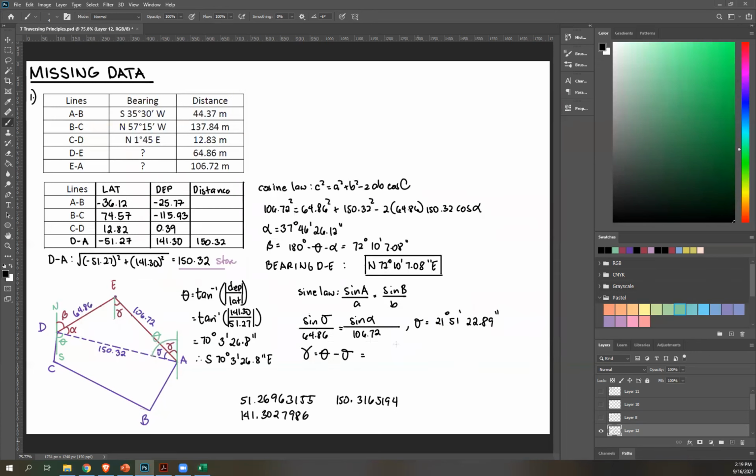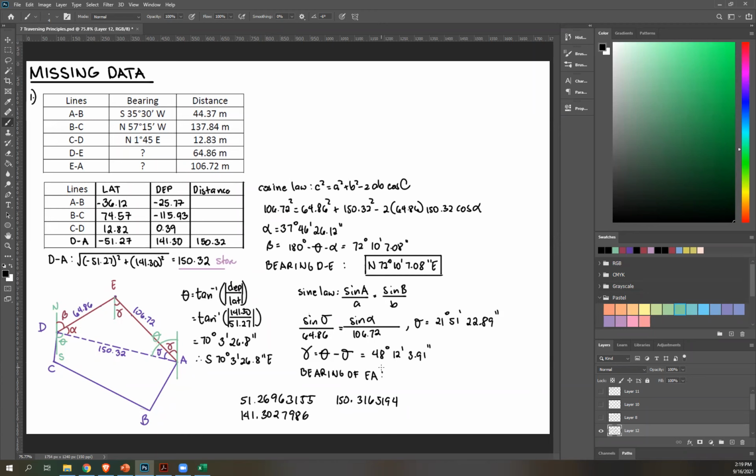Right, so that was 48 degrees, 12 minutes, 3.91 seconds. And then from this, we can finally get the bearing of EA. The first letter is E, so this is where I'll base my bearings on.